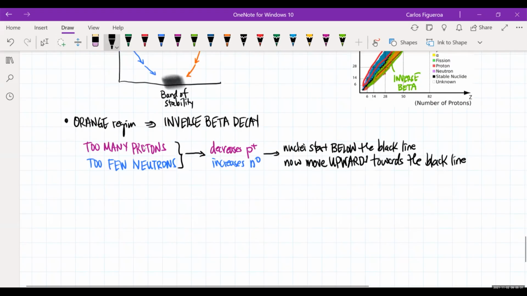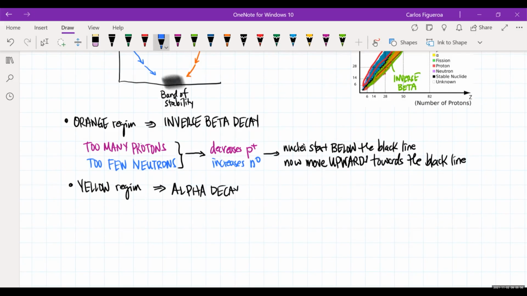And then the last one is the yellow region. What you find with this yellow region is that this is the region of alpha decay. Now, what's special about alpha decay?